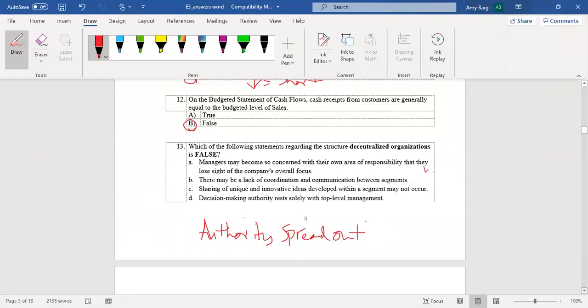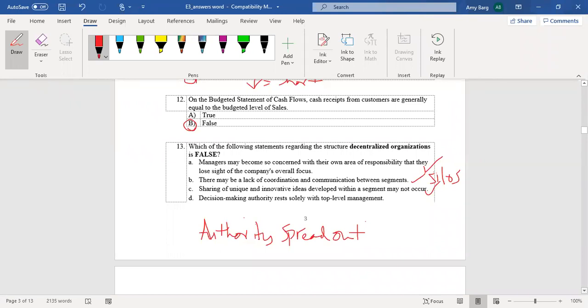That can definitely happen. There may be a lack of coordination and communication between segments because authority is all spread out. That's also true. Sharing of unique and innovative ideas developed within a segment may not occur. That's also true. These last two things refer to silos, departments just keeping to themselves and not sharing things around.